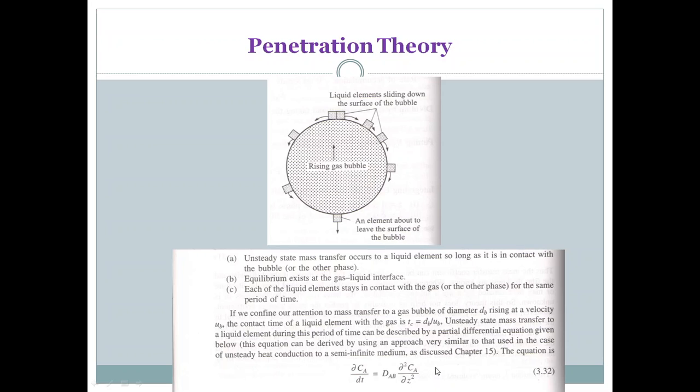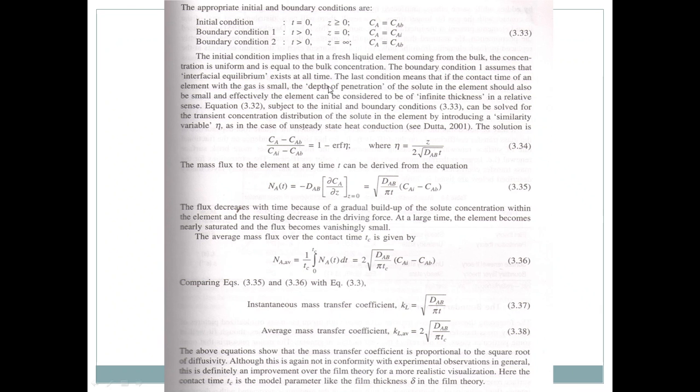Now if you want to solve a differential equation, you need the boundary conditions. If it is second order in space, two boundary conditions are required. In this case there are 2 plus 1, so 3 boundary conditions. So what are the boundary conditions?